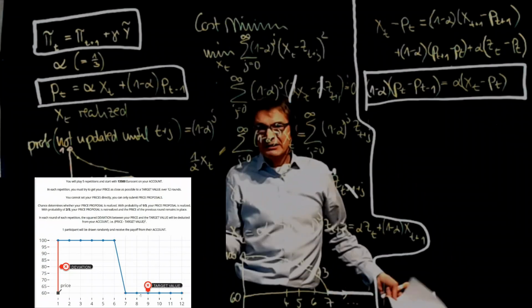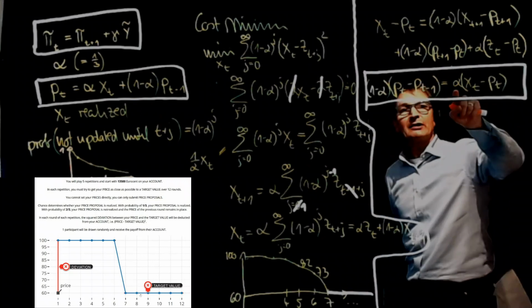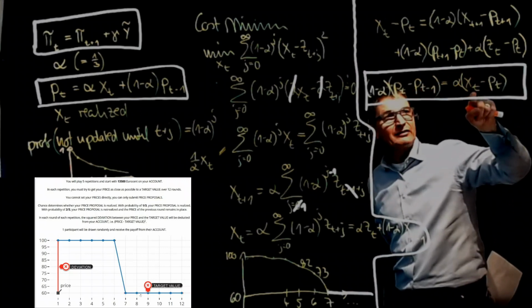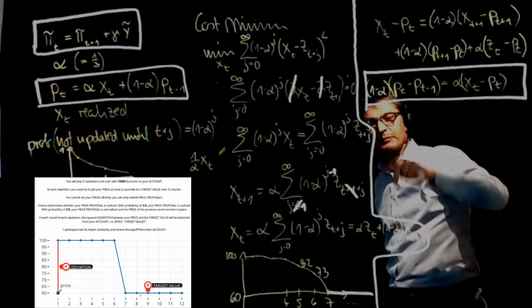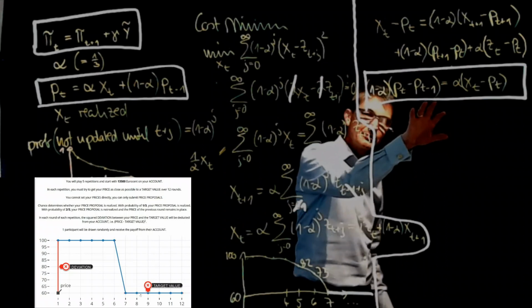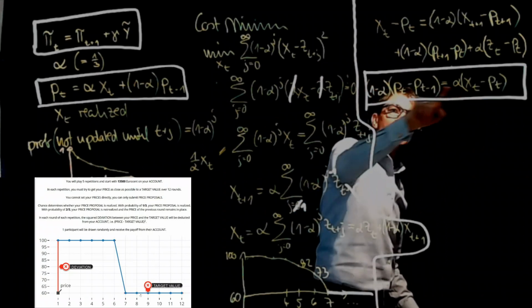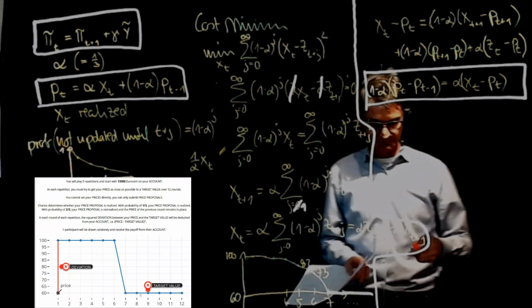Well, basically, that is the whole magic. Because if I divide by alpha, we now see that x_t minus p_t is equal to something that is expressed purely in prices. It's equal to (1 minus alpha) over alpha times p_{t-1}.